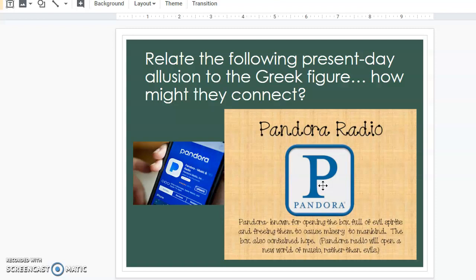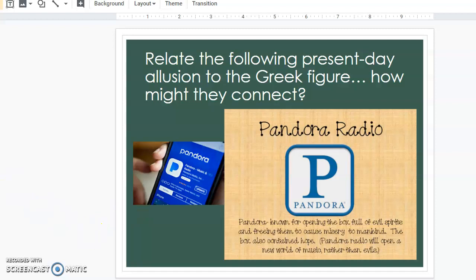But Pandora Radio took that concept of opening music to a new world of us listening to all types of music over the computer or online. It doesn't relate to the evil side, but to the opening of a new way for us to use music.